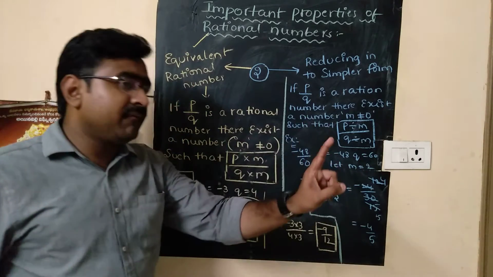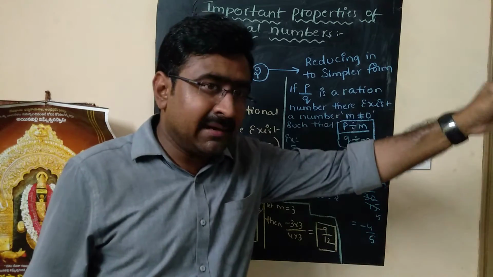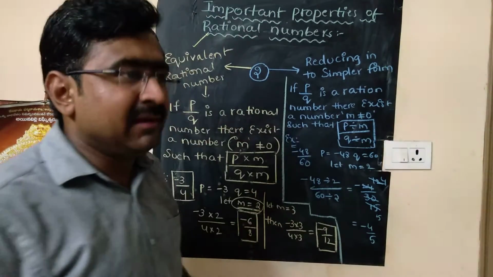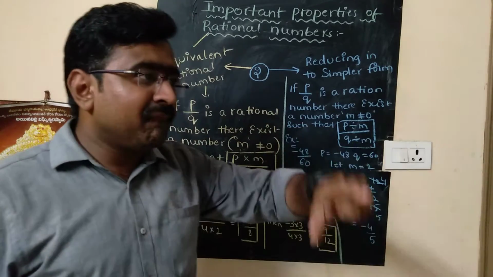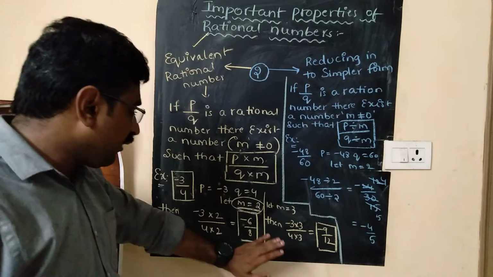Whatever m value you have taken, that m value should multiply with the numerator and with the denominator. By multiplying m with p and m with q, you will get the equivalent rational number. I have given one more example.